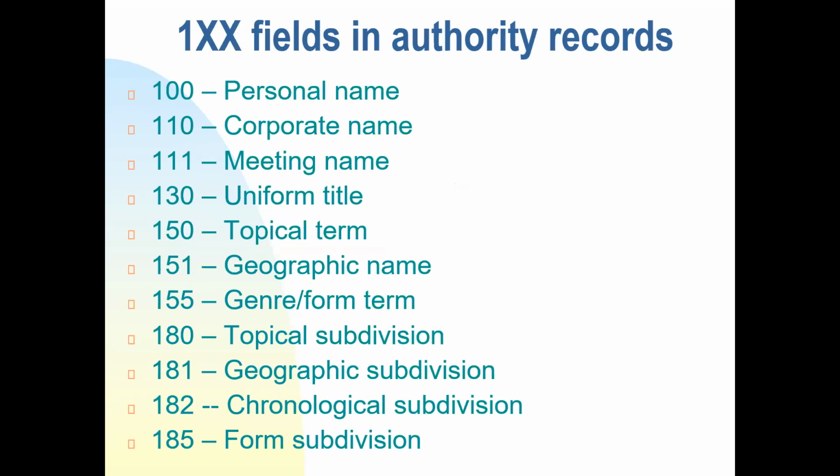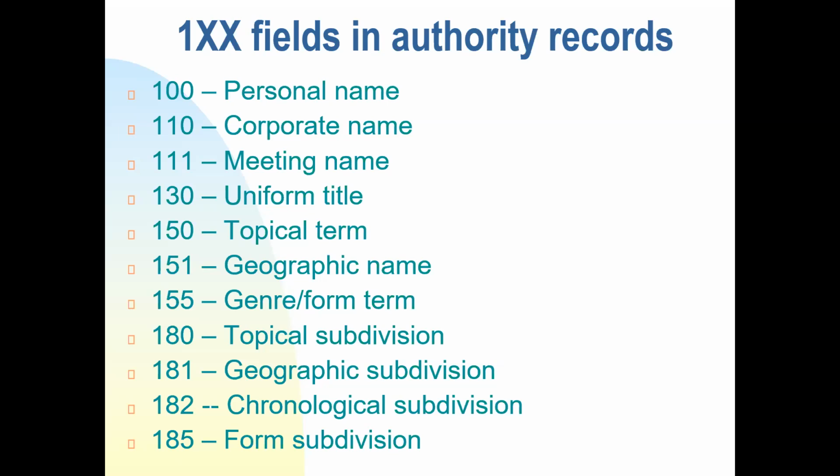So the fields that start with a 1 are all the authorized term. The authorized form will always be in a field that starts with a 1, but then the next two digits tell more specifically the type of term.